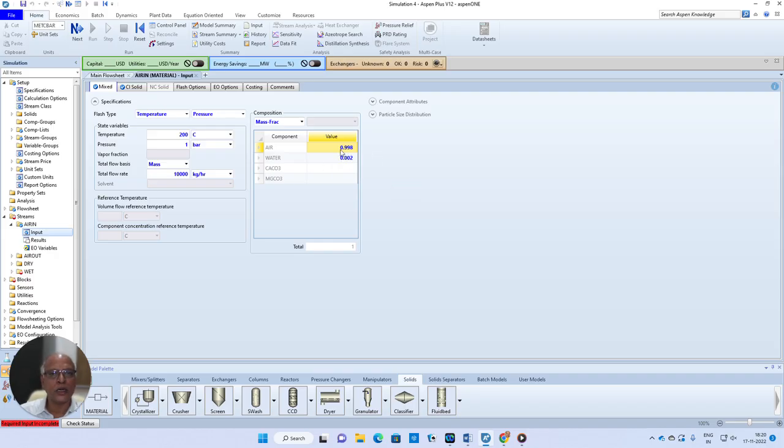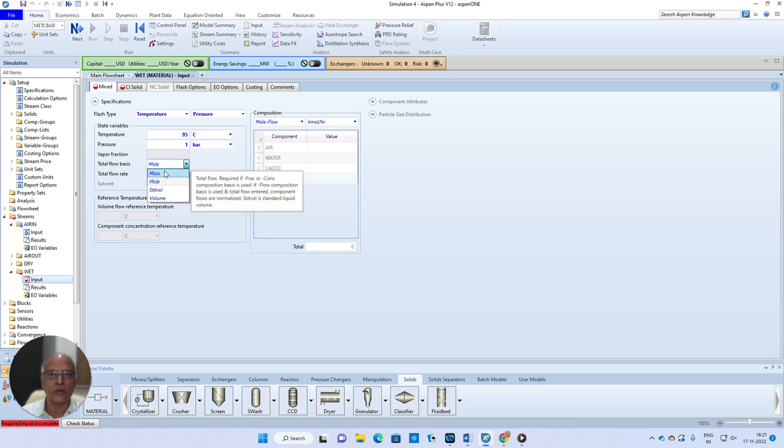Remember, both these components are conventional. Anyway, in the air, there are no solids present. So we can go ahead. Now we need to define the wet solid, which is coming at a temperature of 95 degrees centigrade and 1 bar. And we have 2000 kg per hour of this wet solid coming.